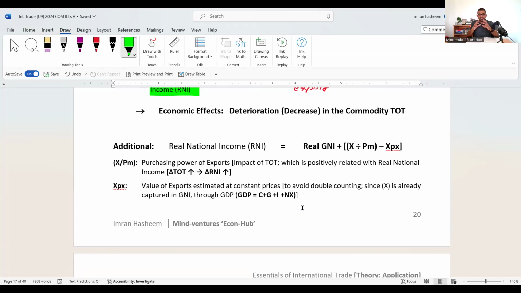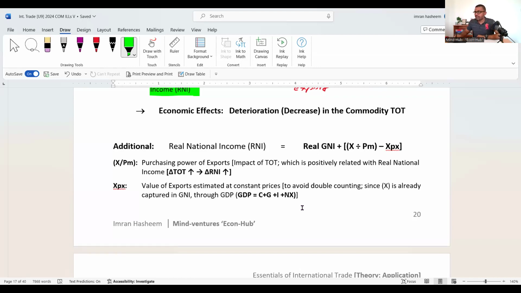But all this is without showing how many goods and services that country can import using its exports. So that we adjust separately. That's called the impact of terms of trade on the real national income. So that part we adjust and then we come up with a finalized concept called real national income.